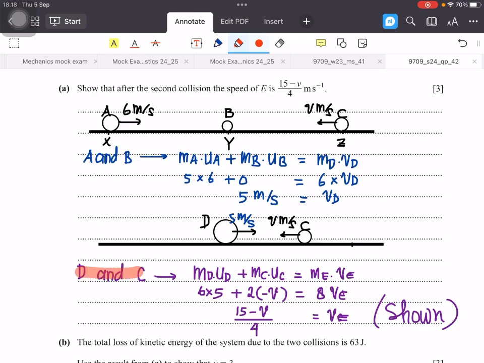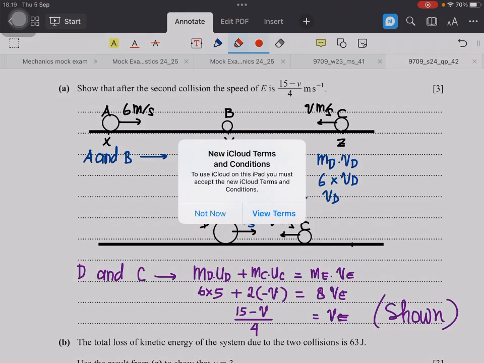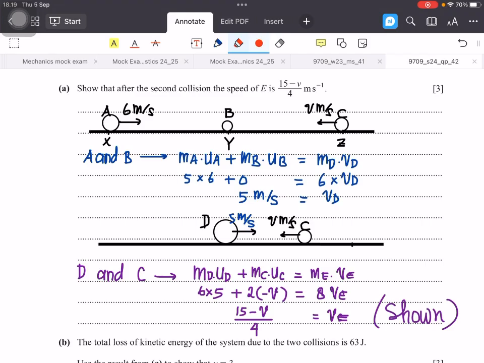So now for the collision between D and C, using the same law, mD uD plus mC uC is equal to mE vE. So 6 times 5 plus 2 times negative V. We put a negative sign here because particle C is moving to the left.